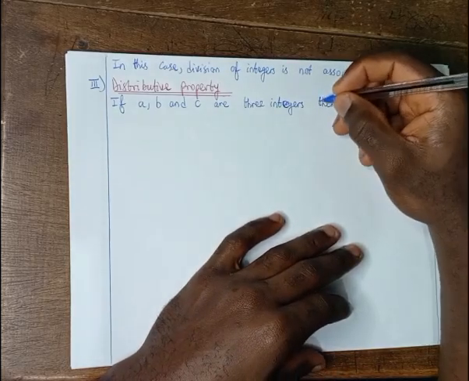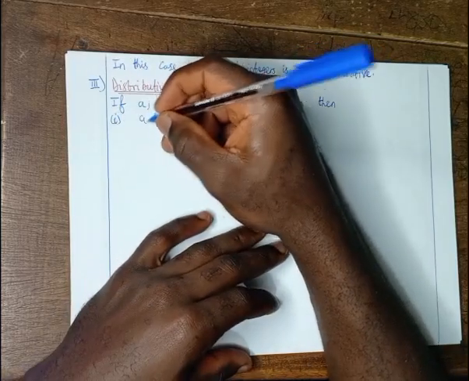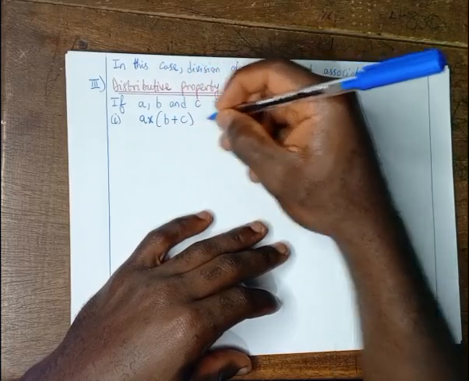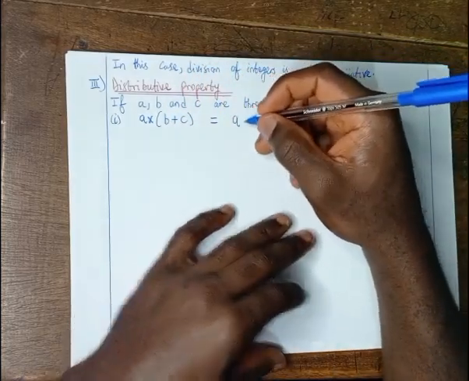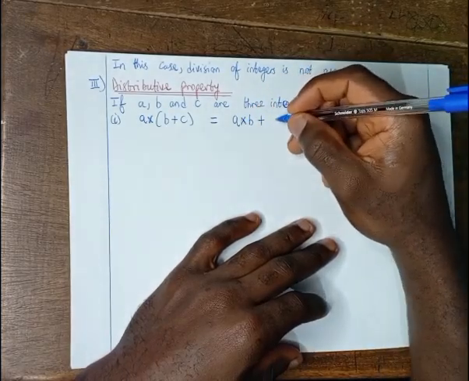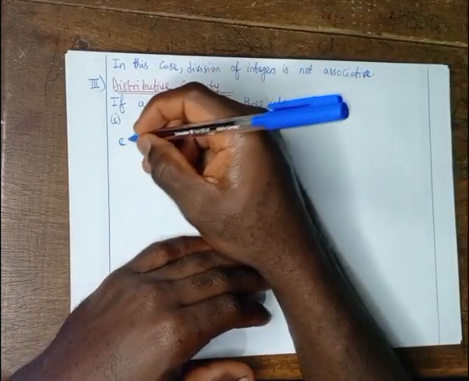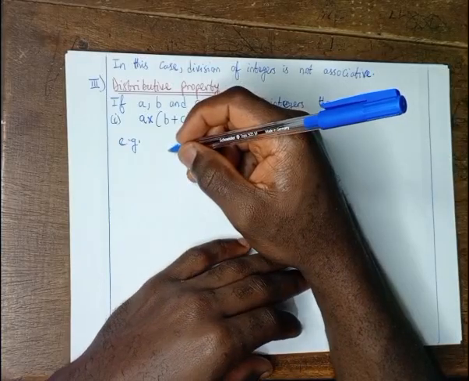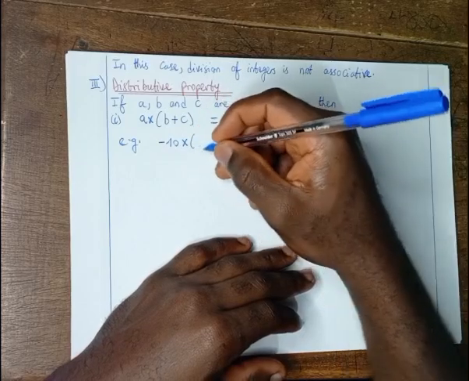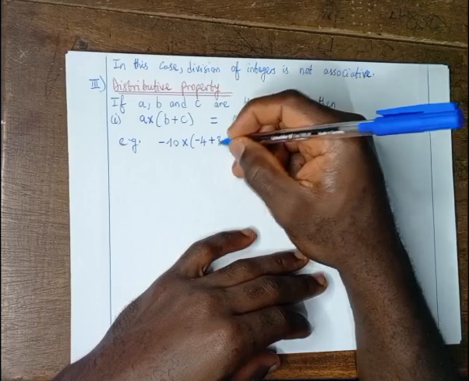then, by imagine I, small I, we have A times B plus C, it will simply be the same as A times B plus A times C. Let's take an example, e.g. we take, for example, negative 10 times negative 4 plus 3.